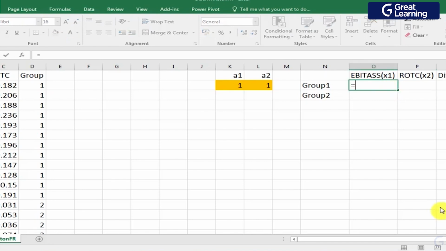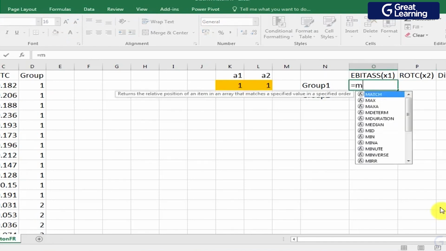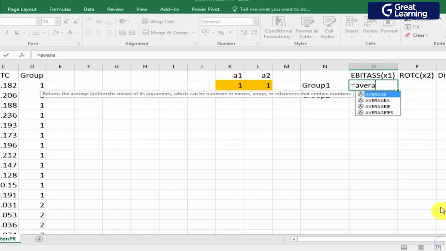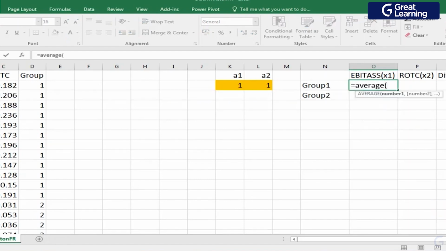Now, is equal to means, is equal to average of the first 12, 0.9133 something is coming. Are you getting it? Let us do that.